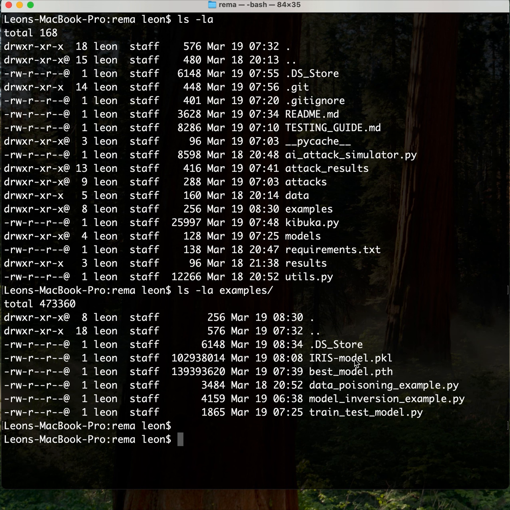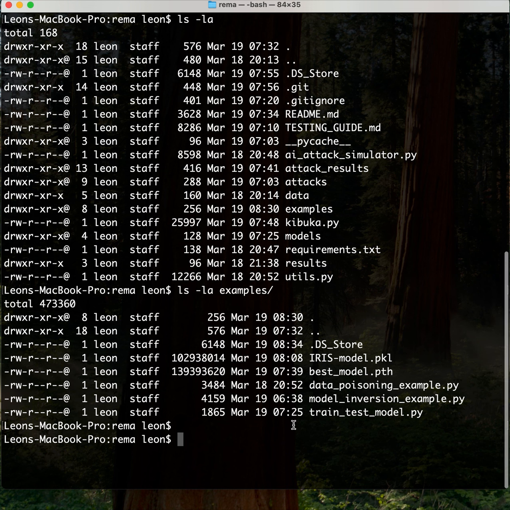We have these two. One is a Pickle file actually, and we shall use this for demonstration purposes in our environment so that we could point Kibuka. And then of course in these examples you can point Kibuka to production models in your companies or in your startups or your personal projects.